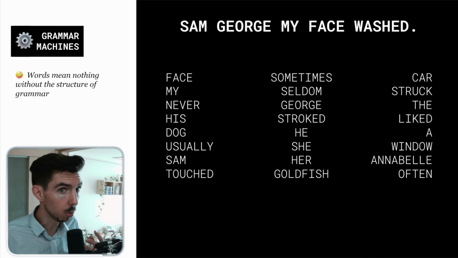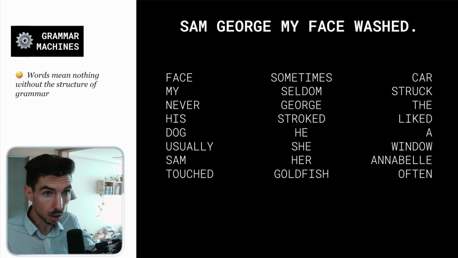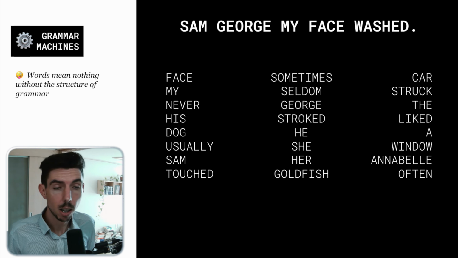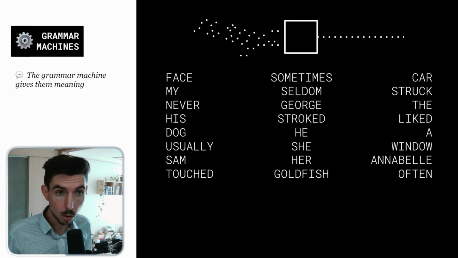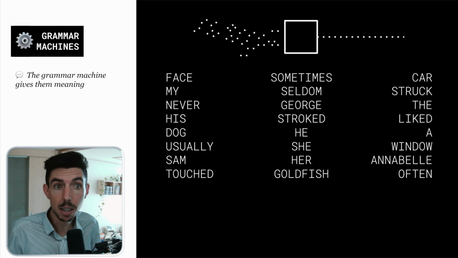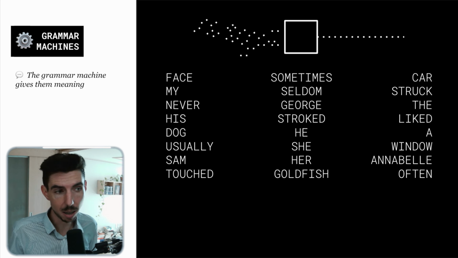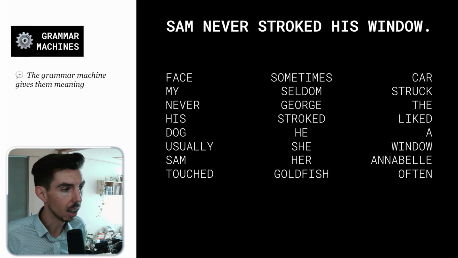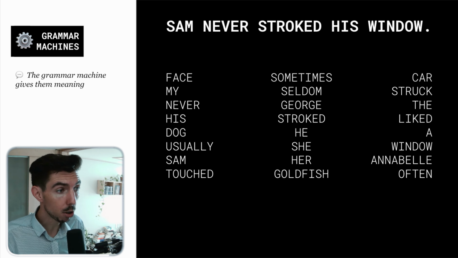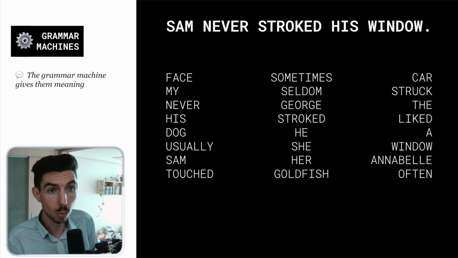In order for them to refer to the world, to mean anything, we need to bring them together into a structure. And that's what the grammar machine does. So when we put these words into a grammar machine, it gives us a sentence. It gives us something that means something. That's the key idea. So put them into the grammar machine and we get, Sam never stroked his window.